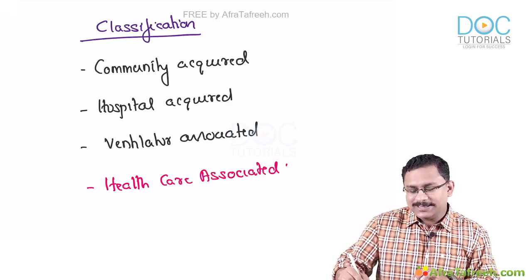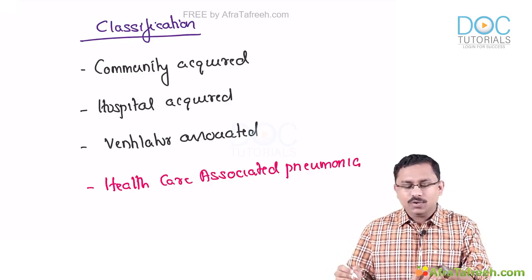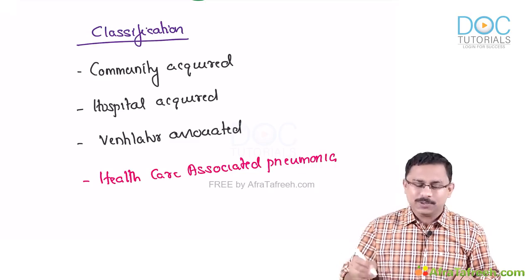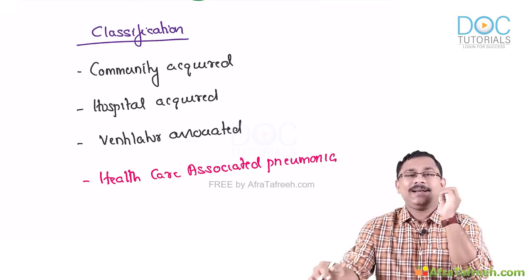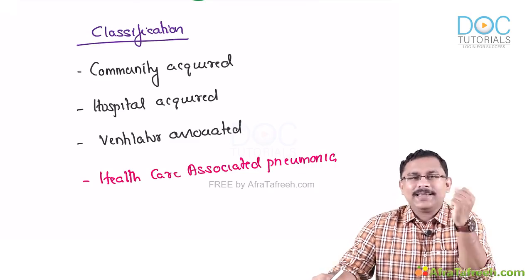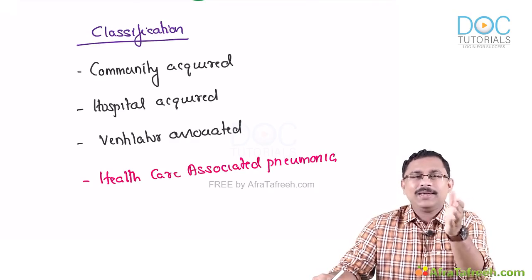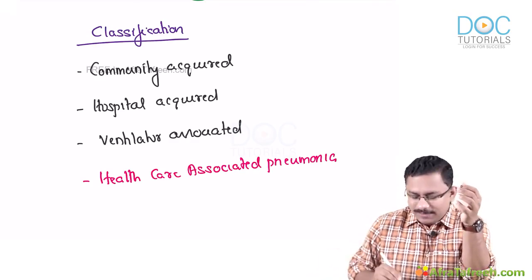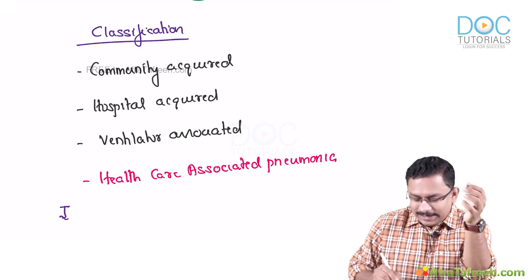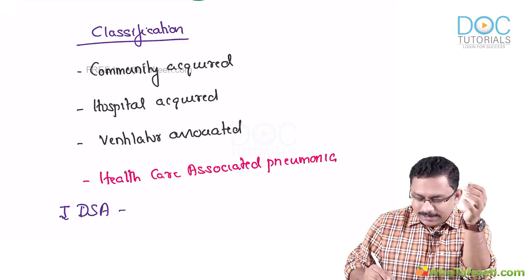Now I have given a separate color for this for a reason, that in the 2019 guidelines, okay, of the IDSA, you have the IDSA and American Thoracic Society. So you have the IDSA ATS guidelines.